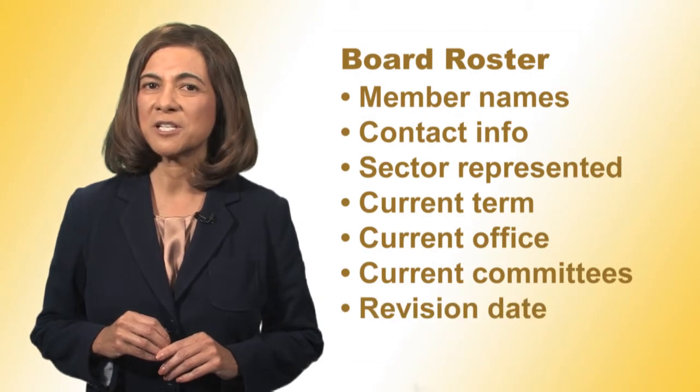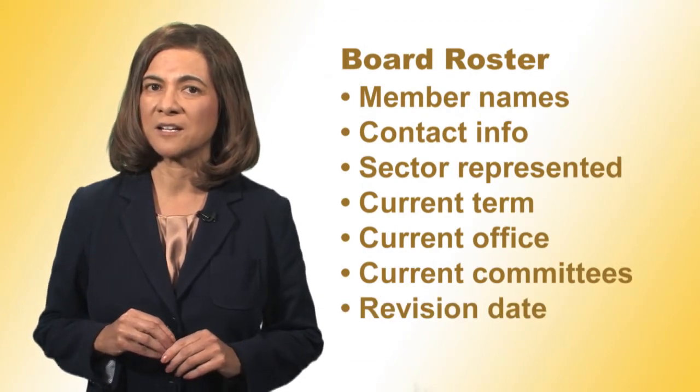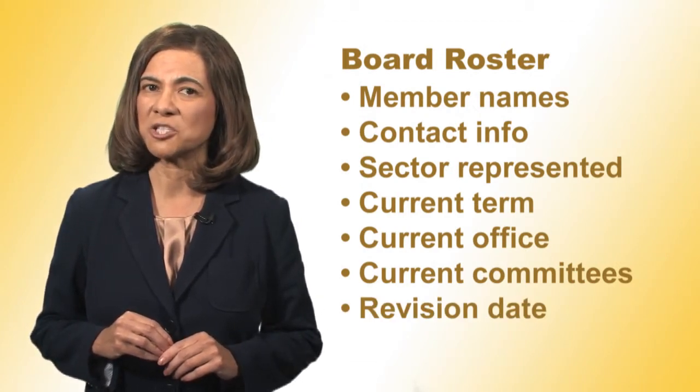The board roster should contain a last revised on date when any information changed. Distributing the roster at board meetings is an opportunity for members to report any changed information and to learn more about other board members.